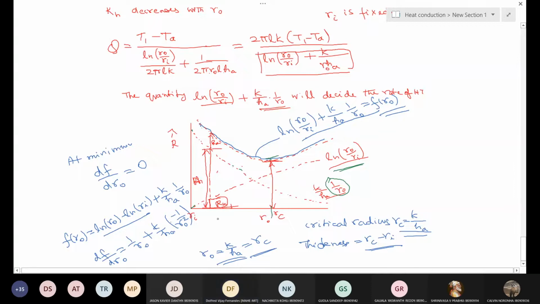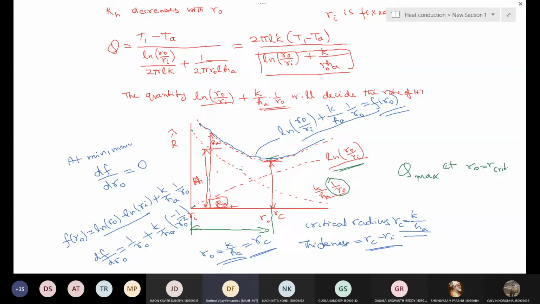Or if you take this thickness of insulation, then we should get the maximum heat transfer. Q is maximum at R0 equal to R critical.